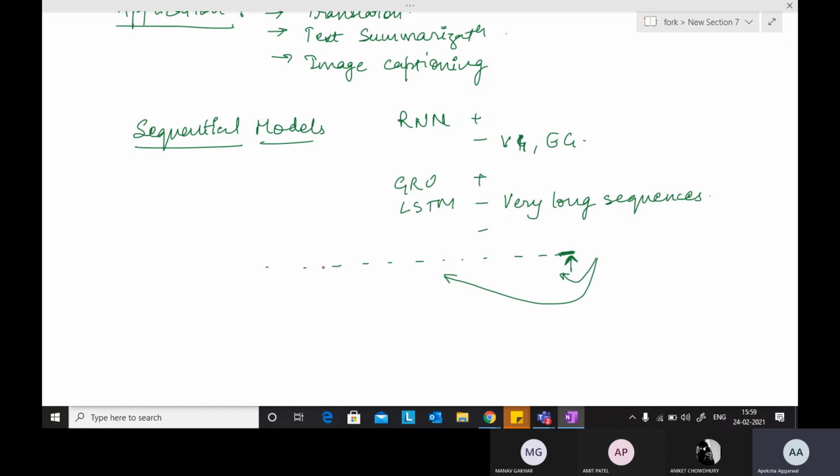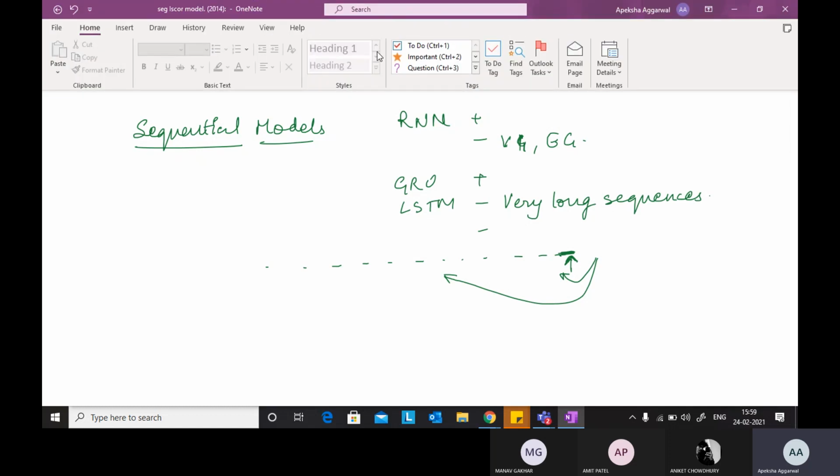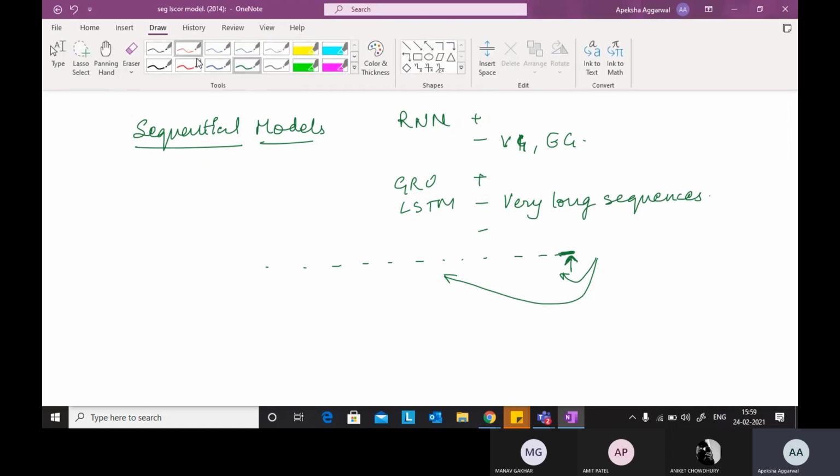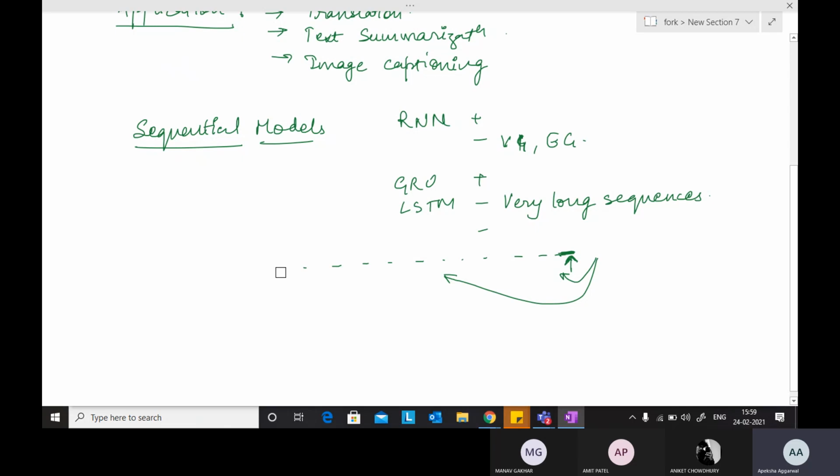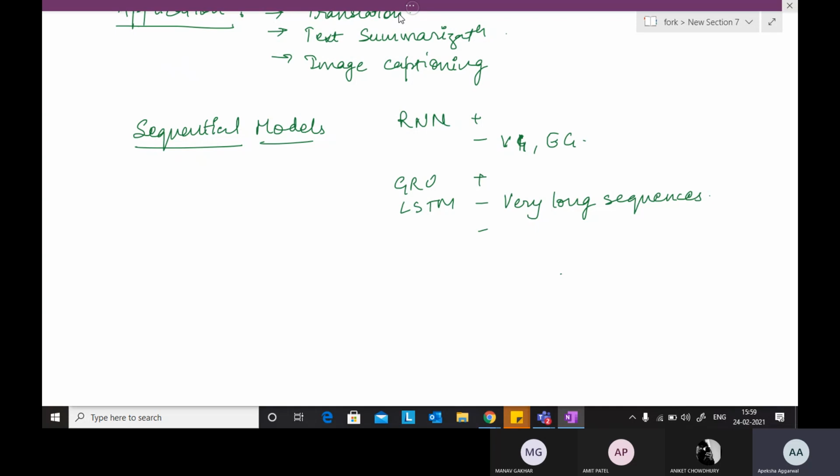We discussed this in the last class also. So this was a disadvantage. Because sequence to sequence models utilize GRUs and LSTMs, these two disadvantages lie with the sequence to sequence model. Let's have a look at its architecture.